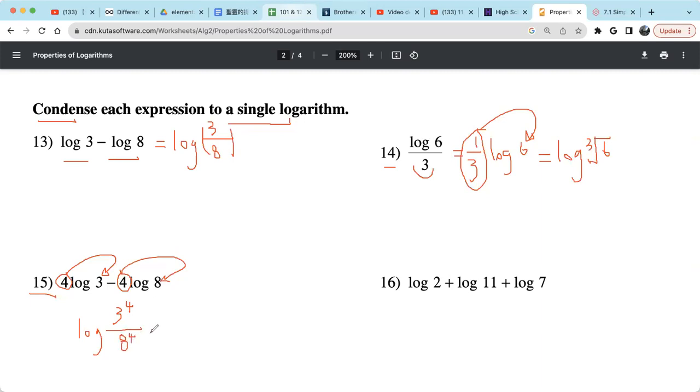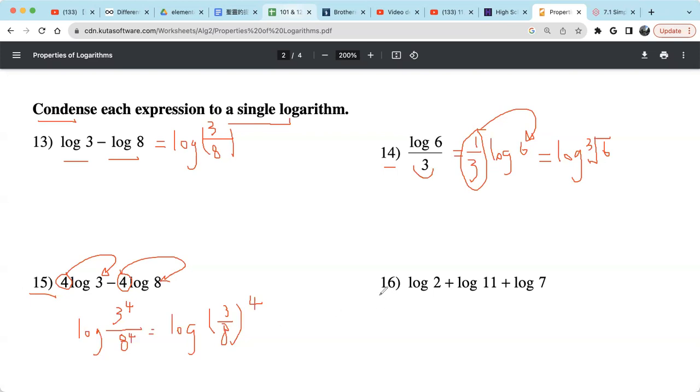Or we can write as log of 3 over 8 with parentheses raised to 4. That's a single log. Okay, so two logs were combined to be a single log.